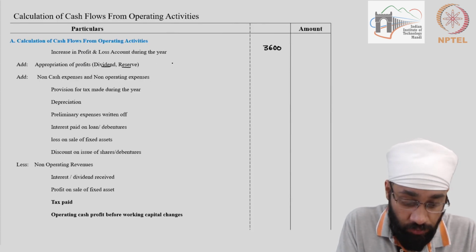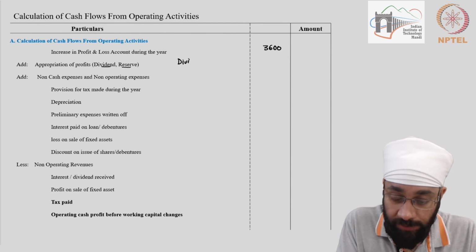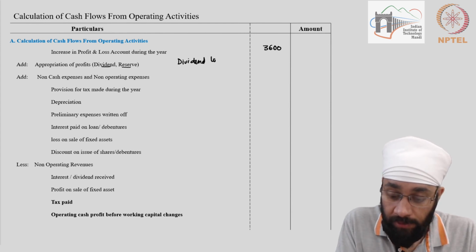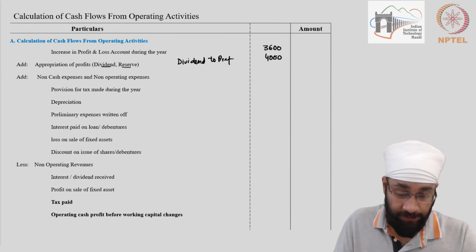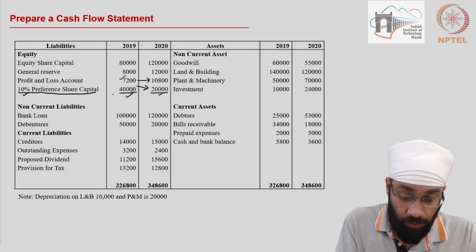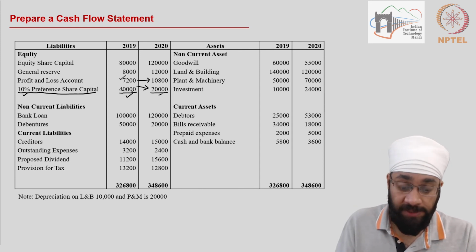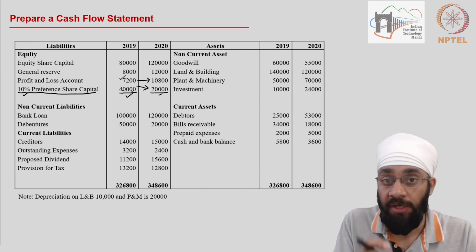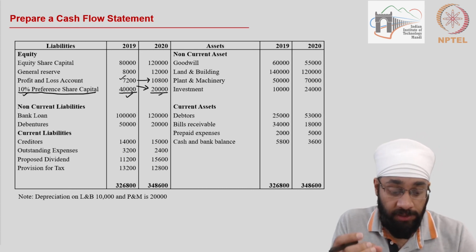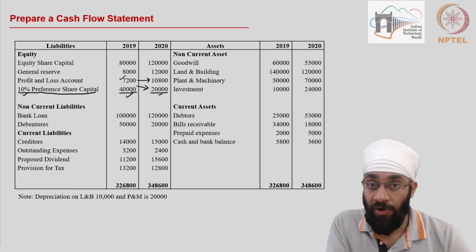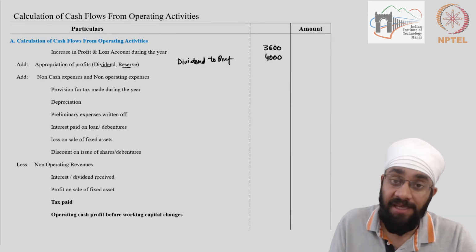So dividend to preference shareholders, 4,000 to be added back. Also, if the dividend has been paid, then it should certainly be shown as a cash outflow. But this dividend is not an operating activity. This is a financing activity.